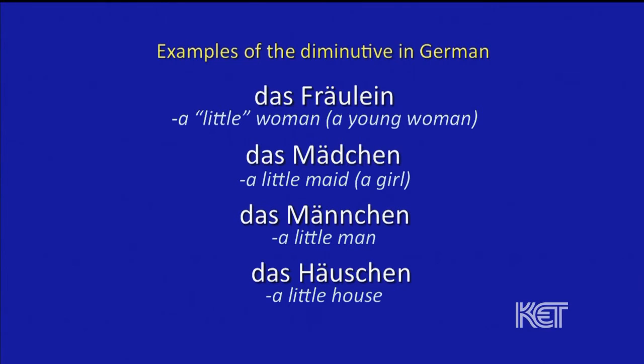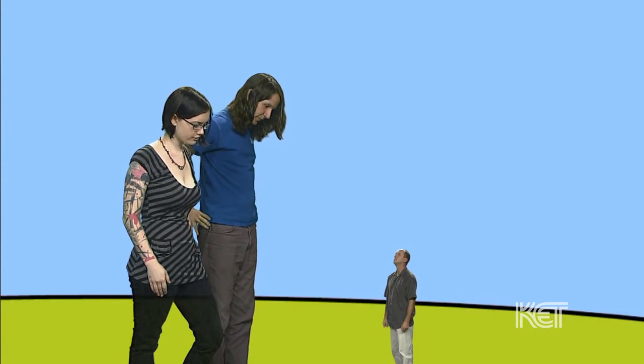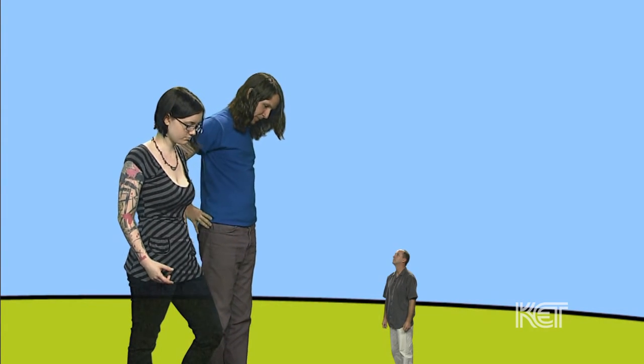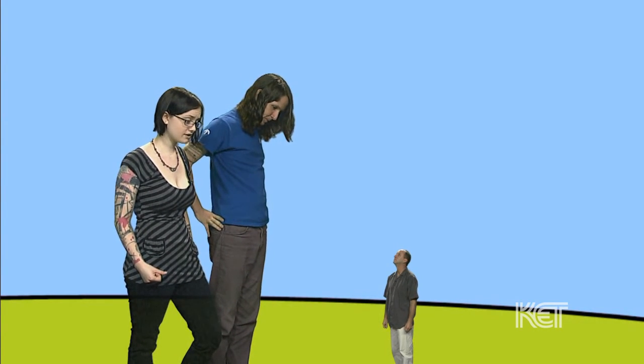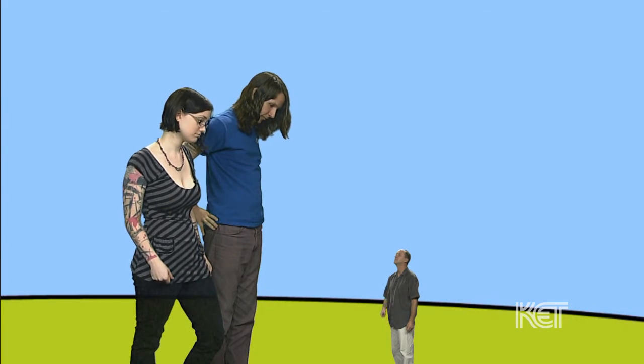Well, something else I notice is that they are all das. Yes, you're right. When you make words diminutive, the gender is always das. In other words, the nouns are always neuter in the diminutive. The word for girl, das Mädchen, for example. Ironically, it's not feminine, but neuter.